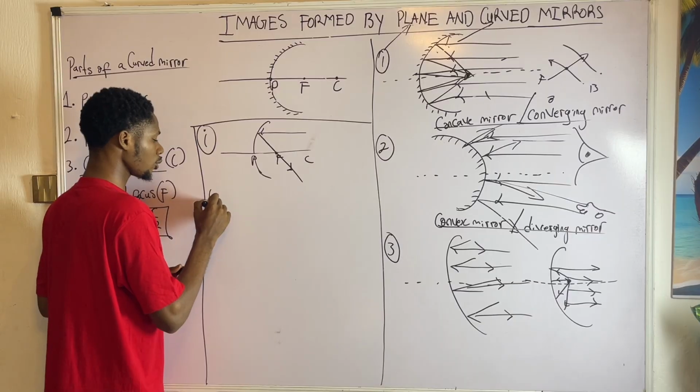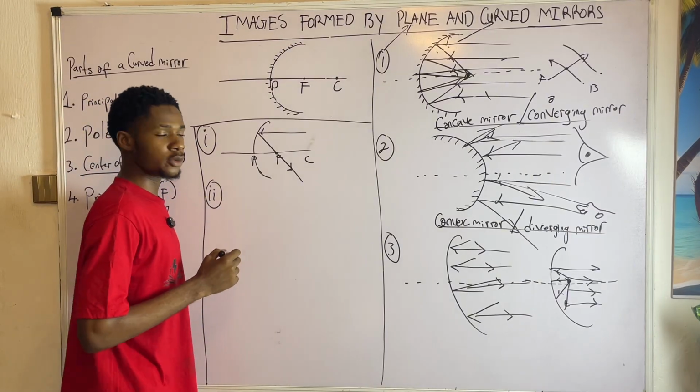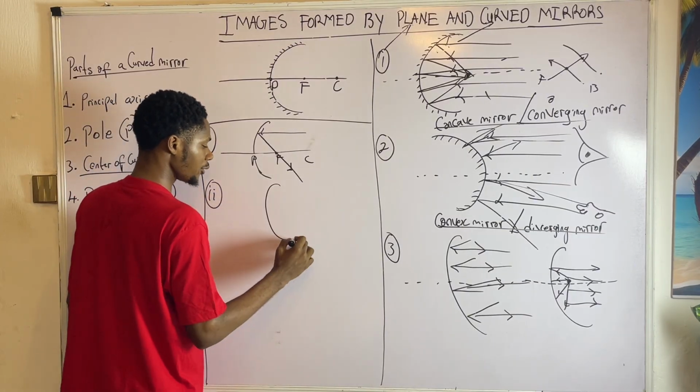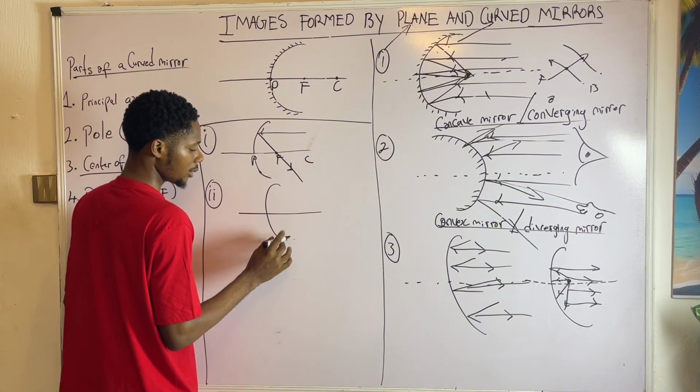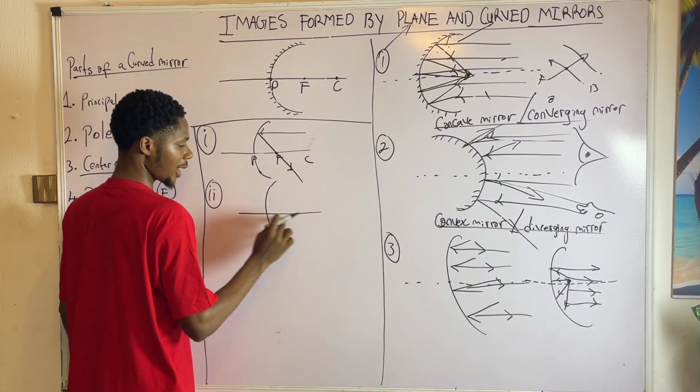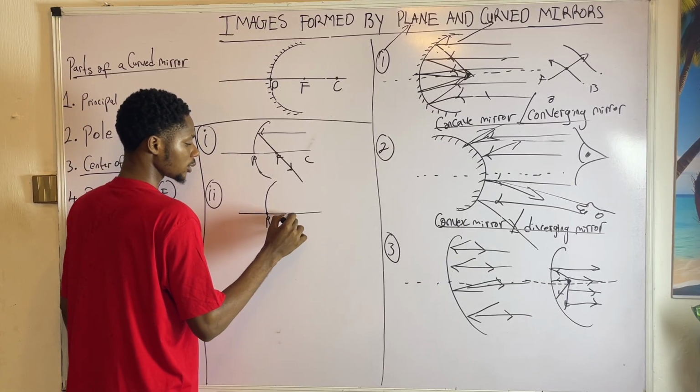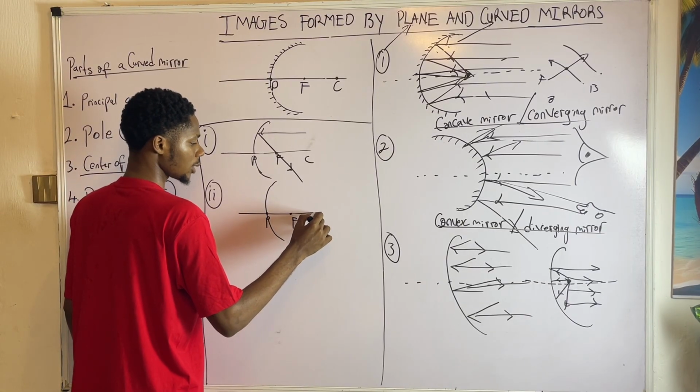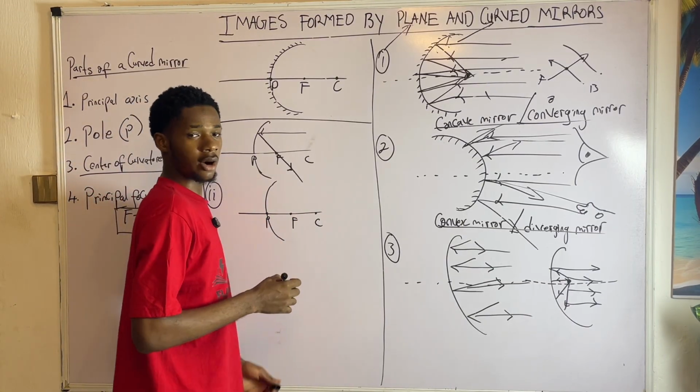Also, Roman figure 2, if we're having a curved mirror, this is our principal axis. So here is the pole, here is the principal focus, and here is the center of curvature.